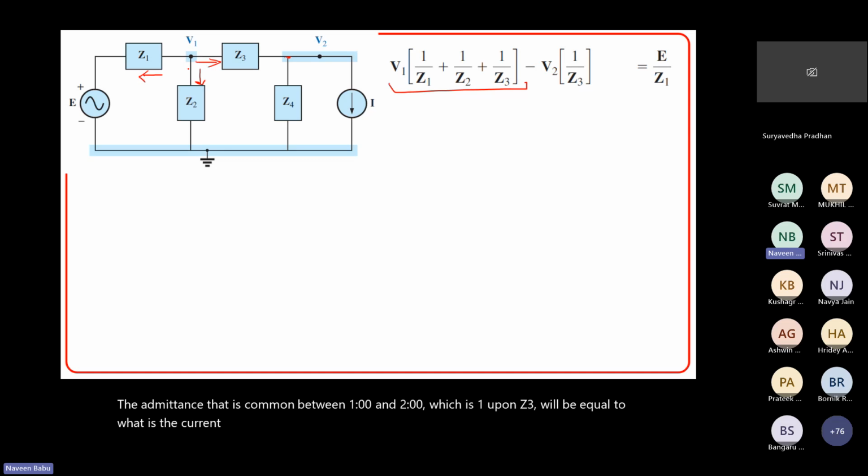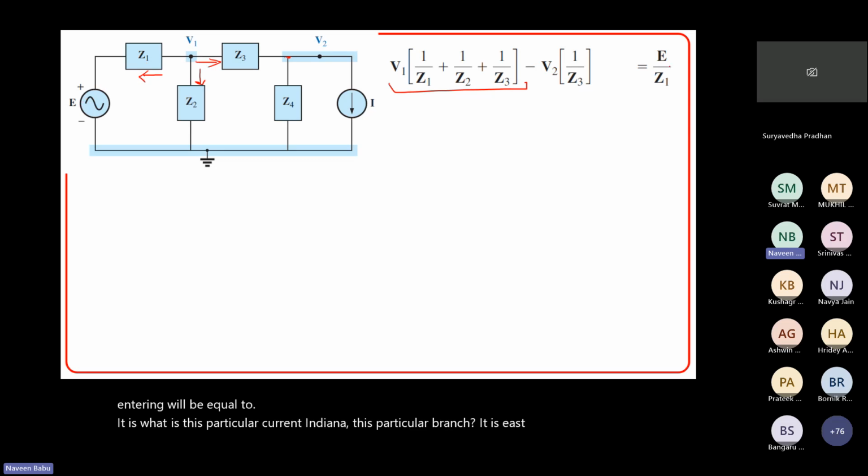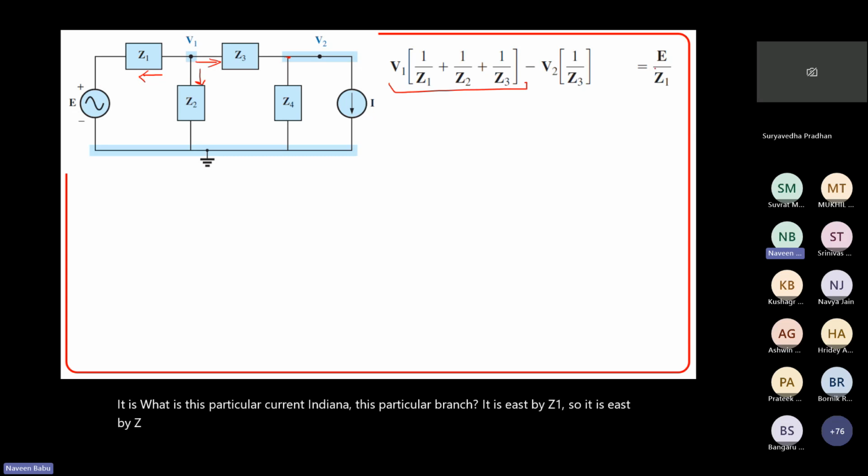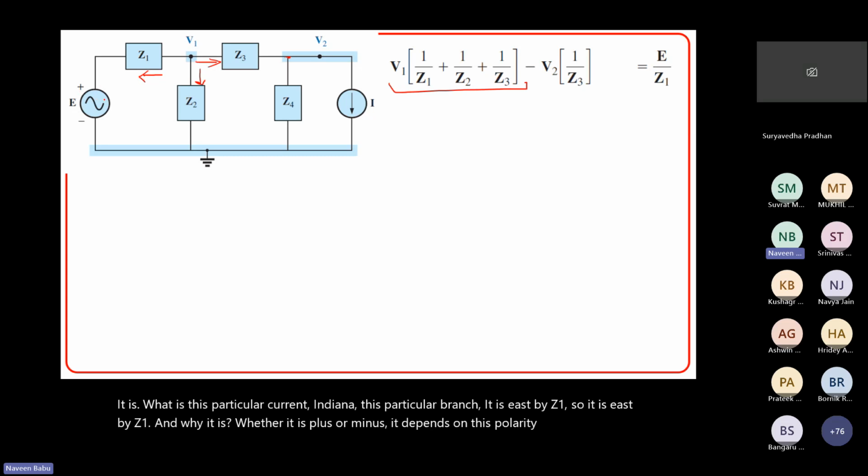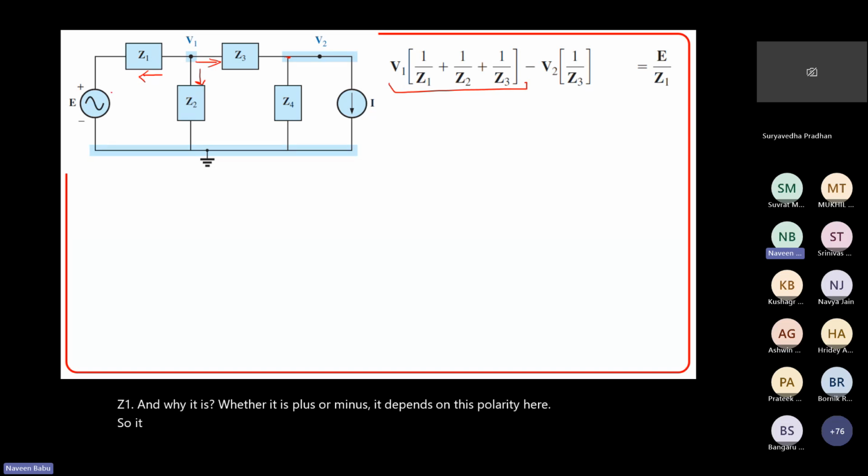This current in this particular branch is E by Z1. Whether it is plus or minus depends on the polarity here. If it is minus and plus, the current is going to come out from this particular voltage source. Hence, this is a positive polarity.